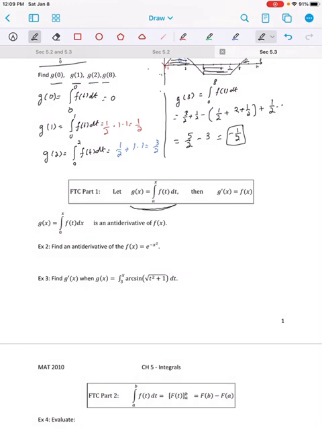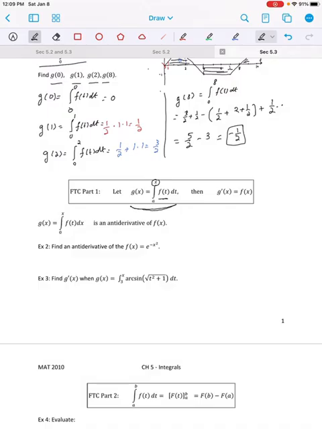Note here we have f of t, and up here we have x, so we end up getting g prime of x is equal to f of x. In other words, we can say that g of x is actually the antiderivative of the function f.